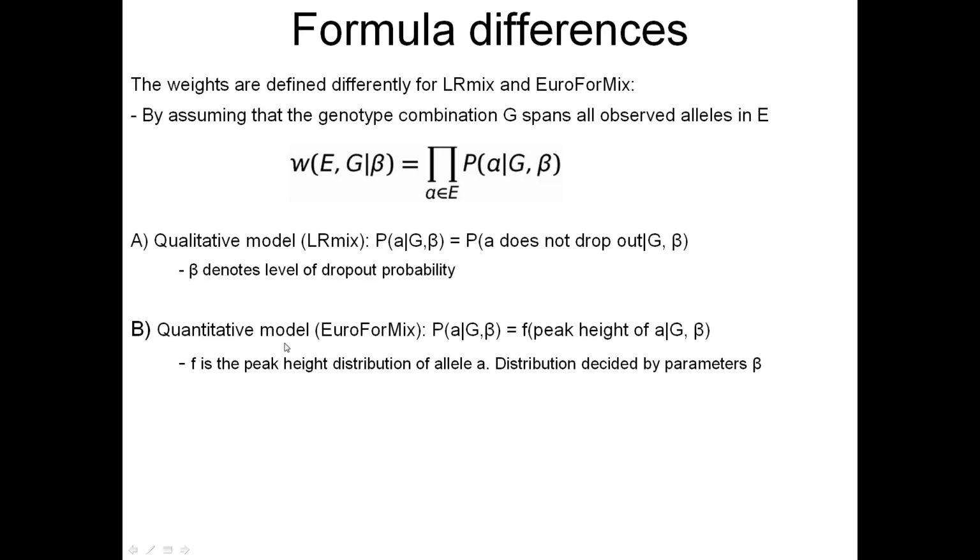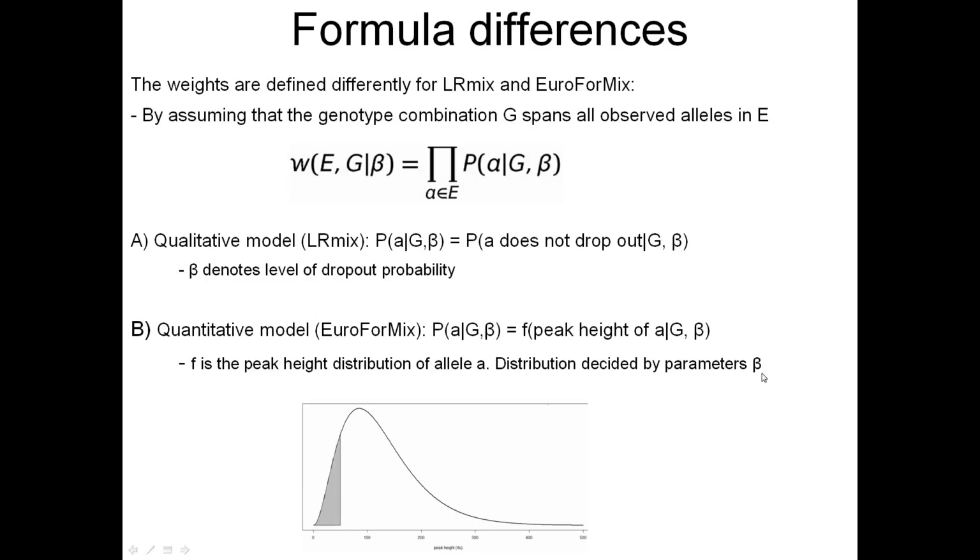For the quantitative model, this probability of the allele is given by the peak height and also the proposed G and the unknown model parameters beta. So here this function f is a peak height distribution for the allele A, and the distribution is decided by the parameter beta. For instance, we can have a gamma distribution for f, and the shape of this curve will be decided by the parameters beta.